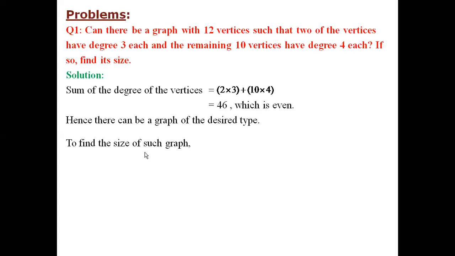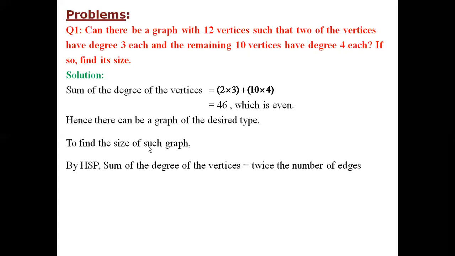To find the size of such a graph, we apply the handshaking property that the sum of the degrees of the vertices is equal to twice the number of edges. So we have the sum of the degrees of the vertices as 46. So 46 is equal to, we don't know the number of edges in the graph, that is what we have to find if such a graph exists.